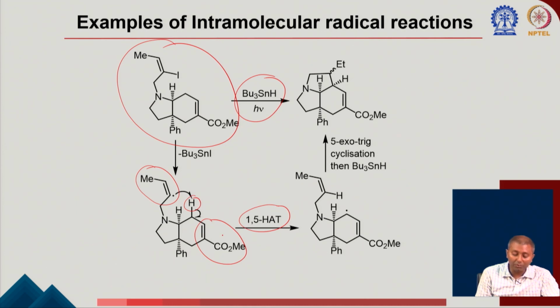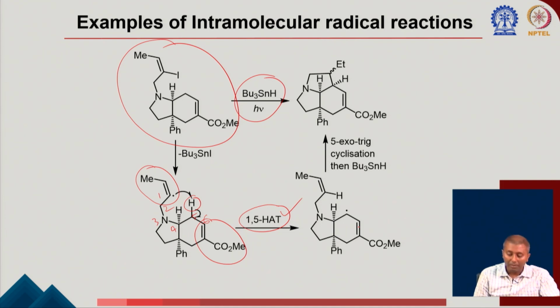because if you want to cyclize the other way, you can count 1, 2, 3, 4, 5, 6, and as I was saying, we talk about 5-exo, but this is going to be 6-exo here. So that's why it will go for this 1,5 hydrogen atom abstraction, because these are very reactive radicals. I have already mentioned that if you have a vinyl radical, then the hydrogen abstraction rate will be much faster compared to the corresponding alkyl radical.